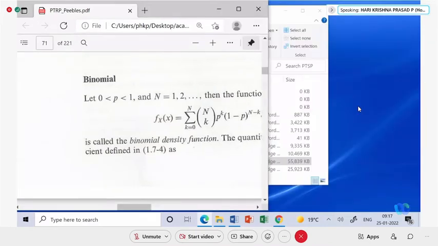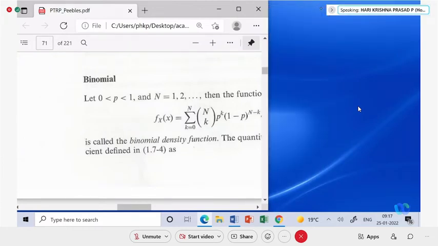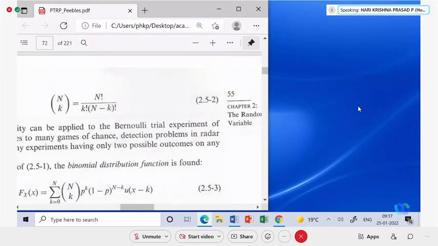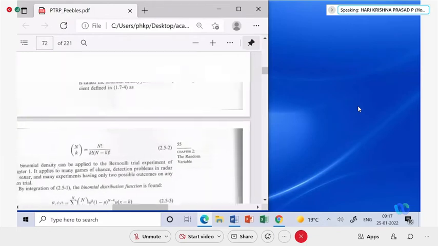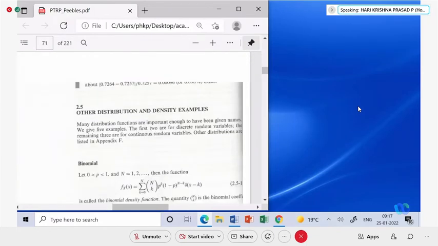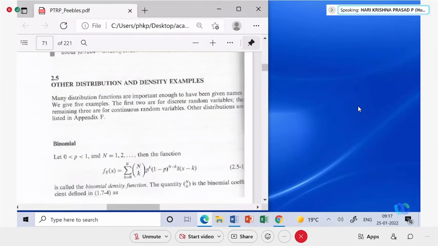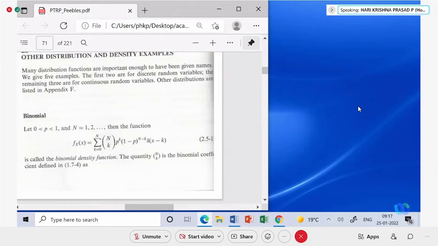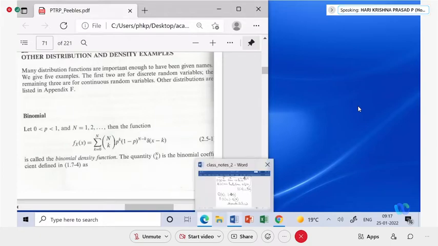In the previous class, we have seen how to model an experiment when it has got only two possible outcomes. We have modeled that example by binomial trial, Bernoulli trial. Yes. So the same thing we are referring to now.